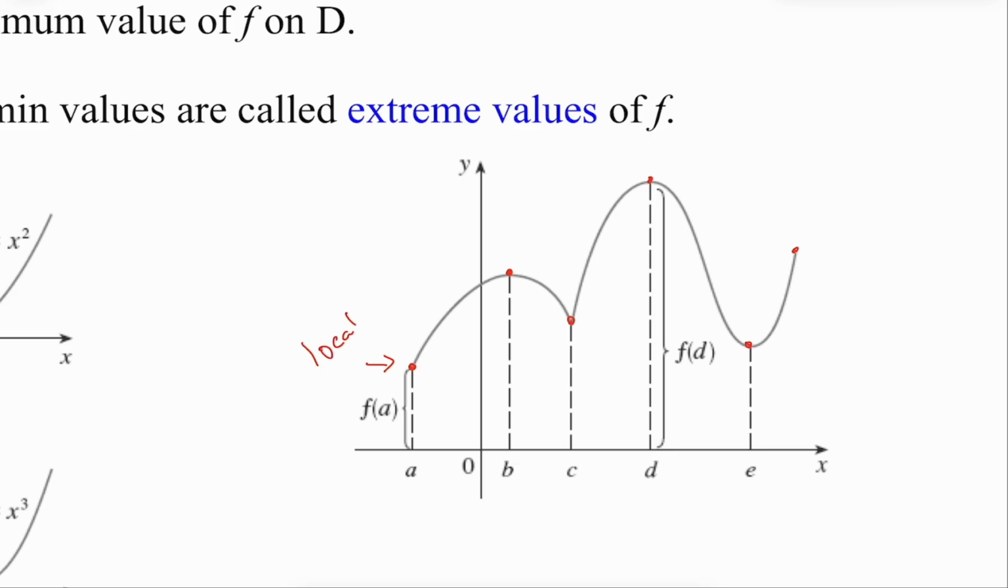It is the lowest of the entire function. Here, this point here is a top of a hilltop, but that would be a relative maximum. This would be a relative minimum. Relative to the points around it, it is the lowest. Relative to the points around it, it is the highest.